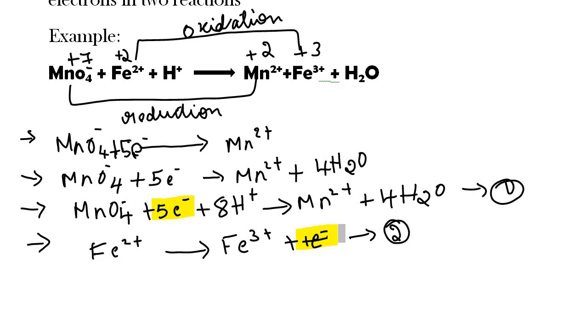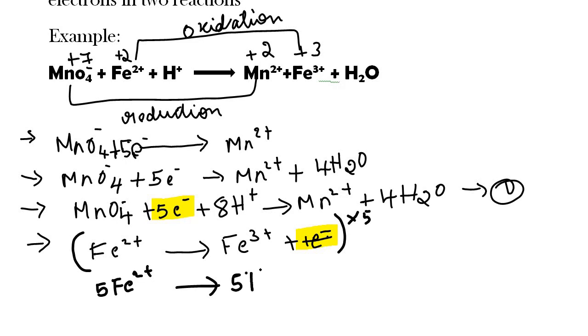In order to balance and cancel those, we need to multiply this whole equation by 5. Right. Now we multiply by 5. You will get 5Fe2 plus gives rise to 5Fe3 plus plus 5 electrons.